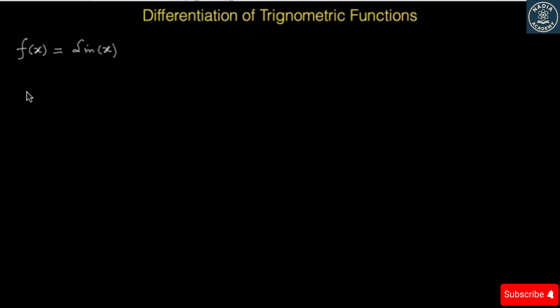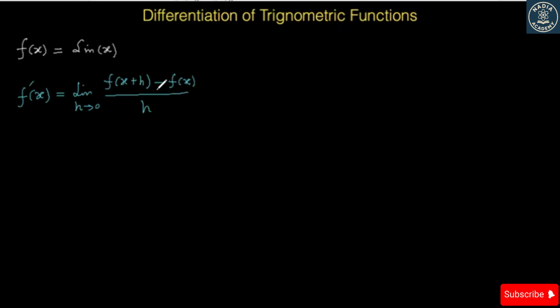We know that the definition of the differentiation is the following, that the derivative of this function f of x is limit h approaches to 0 of f of x plus h minus f of x, divided by h.